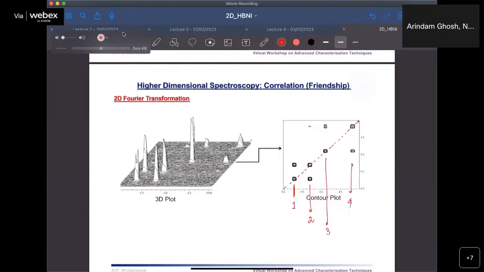Then I can clearly see that I have a cross peak. So this is basically the 1 2 cross peak. I can see that this is the frequency between 1 and 2, and this is 2 1. So if 1 is friend with 2, then 2 is friend with 1. So it's always like this. And I can see that now 3 and 4 are also coupled, so this peak is called the 3 4 peak.